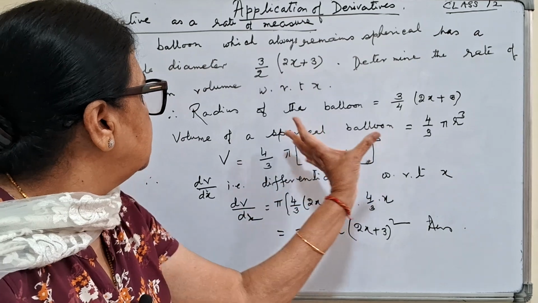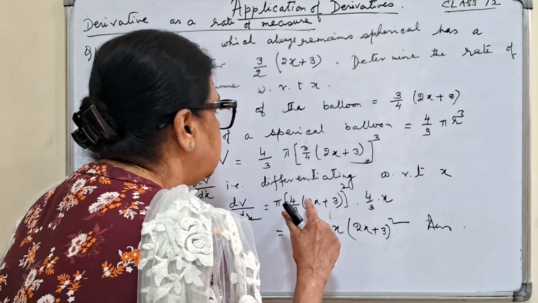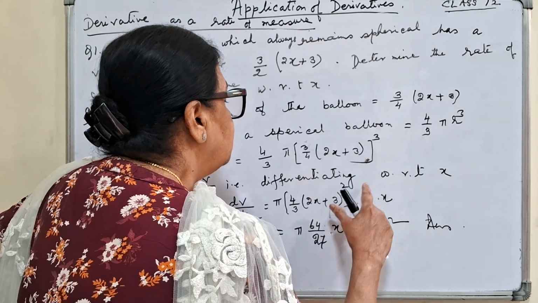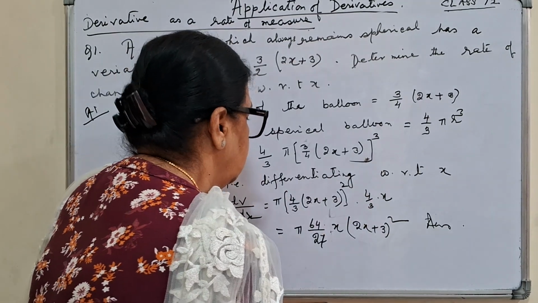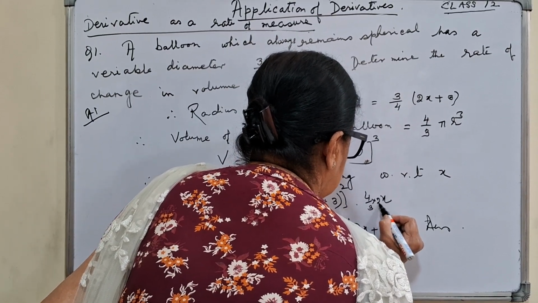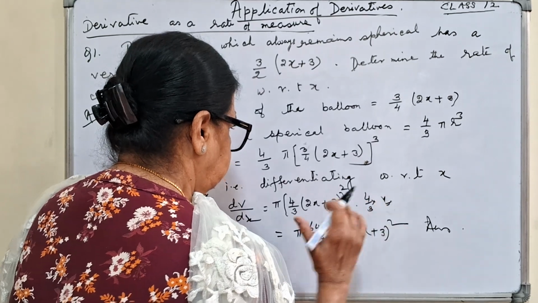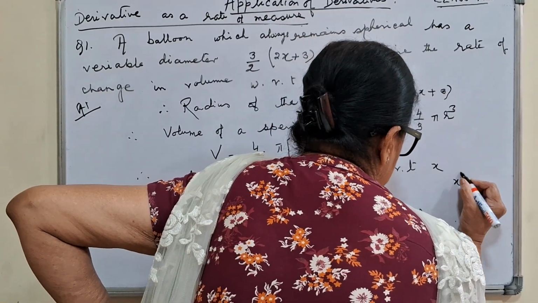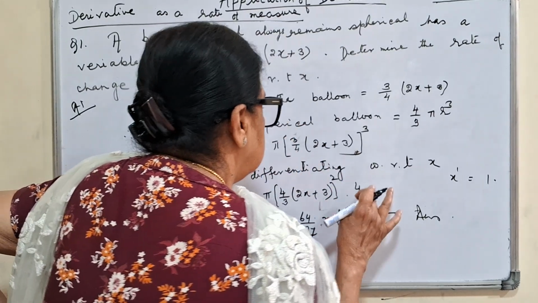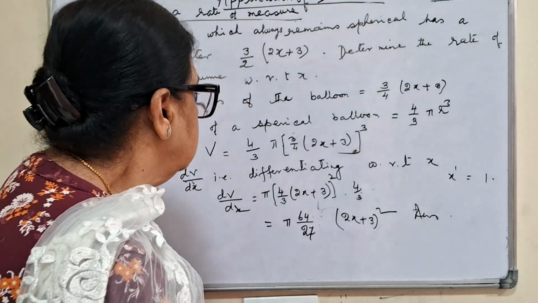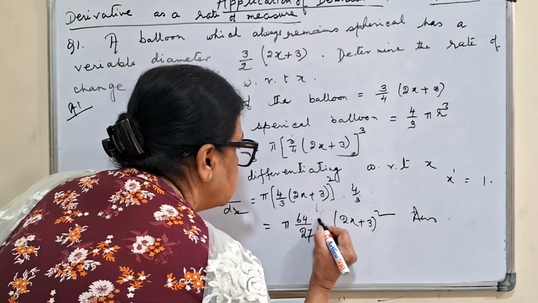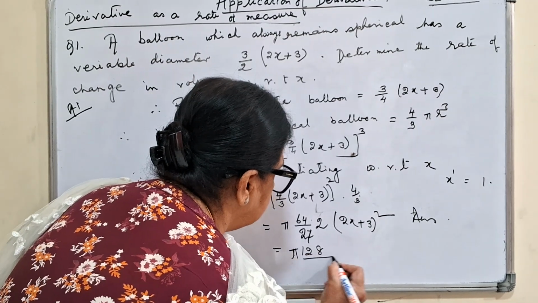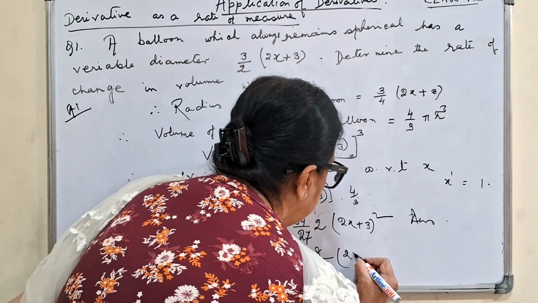And this is the full function, 4 by 3 times (2x plus 3) whole square, into the derivative of 2x, which is 2. That gives 128 pi by 27 times (2x plus 3) whole square.